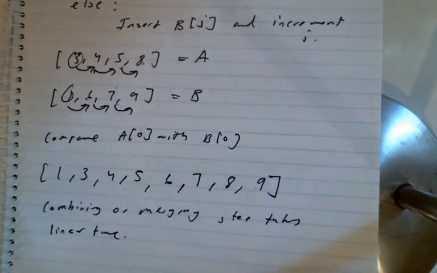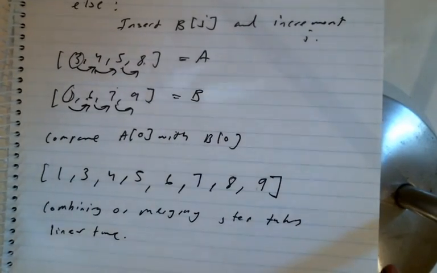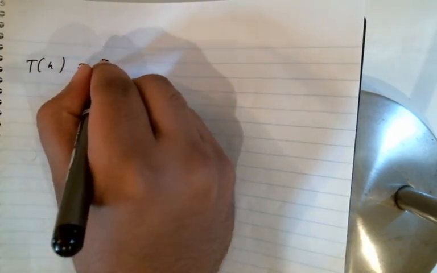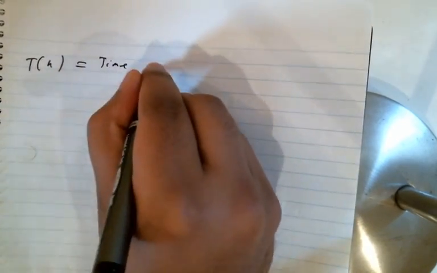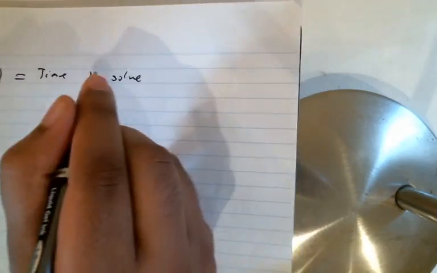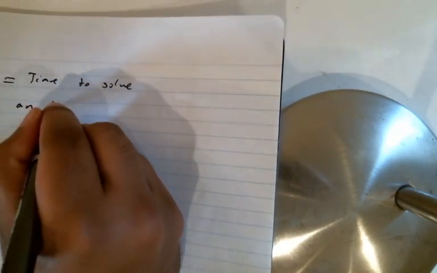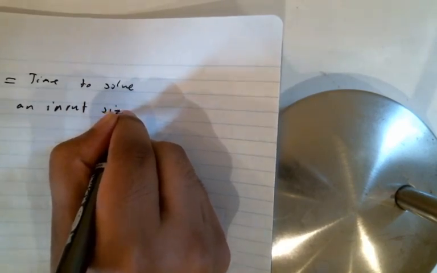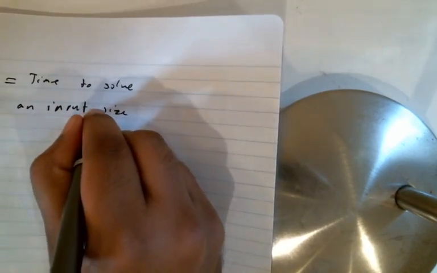Okay? So what is the running time of the entire algorithm? Well, that's a bit weird, right? So let's say T of n is the time to solve an input of size n.